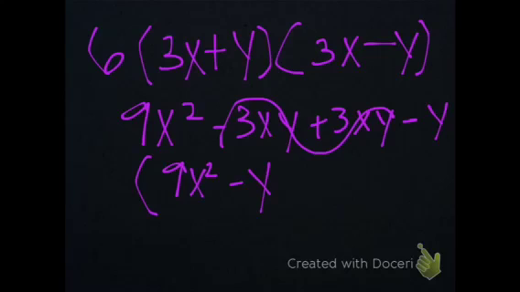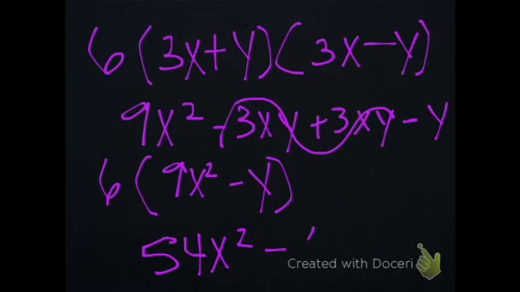Now we bring down the 6, and 9 times 6 equals 54x squared, subtract 6y squared. So now we know that we have the right answer, and that 6 times 3x plus y times 3x minus y is the correct answer.